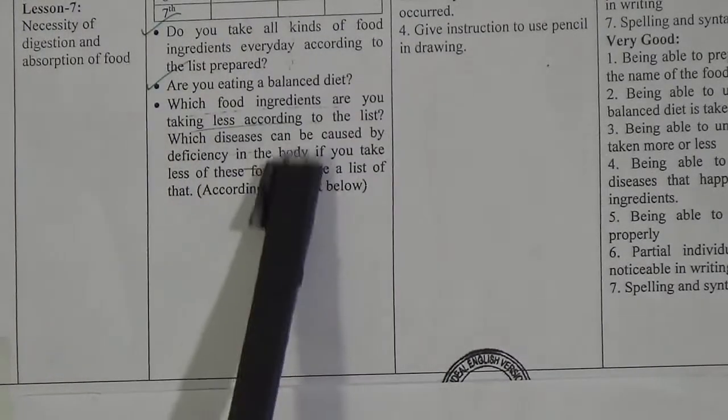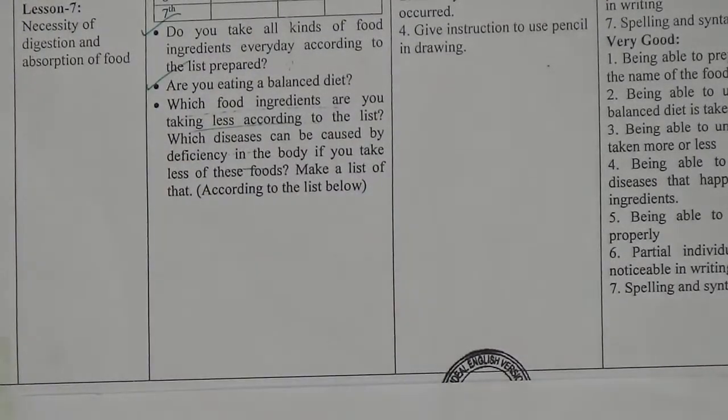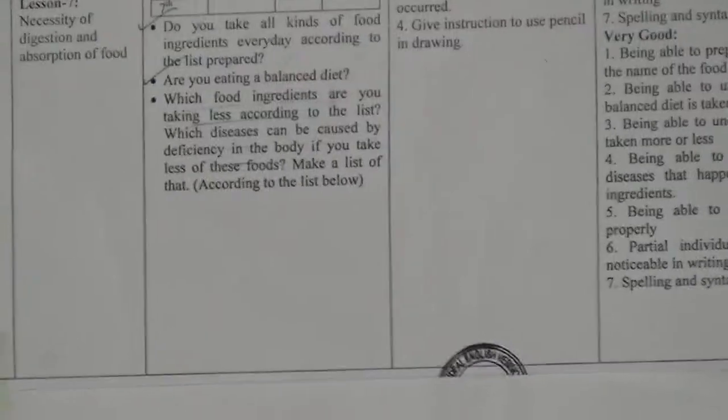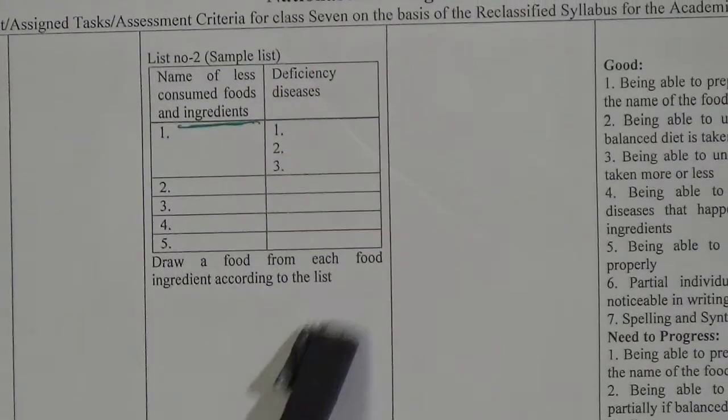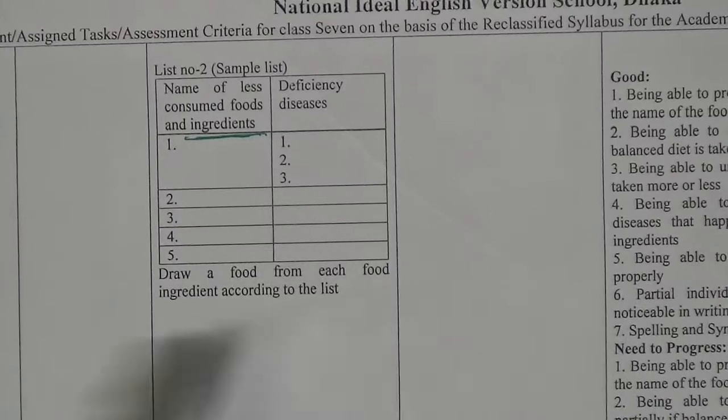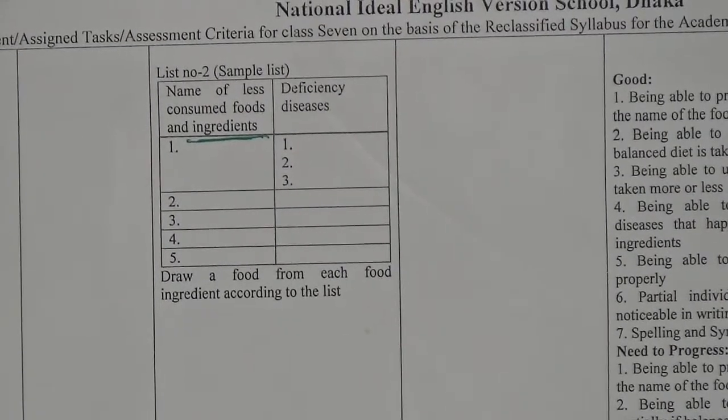Okay. Then the diseases name that you have to write here. Here the food ingredients name and here the diseases name, and then you have to draw a food item. Only 1 food item from each food ingredient.